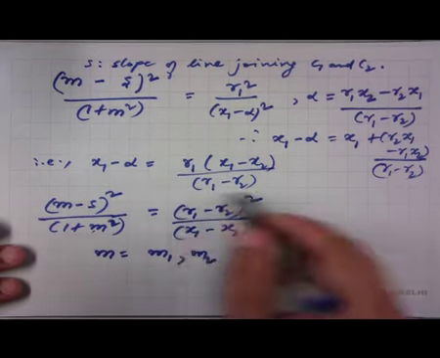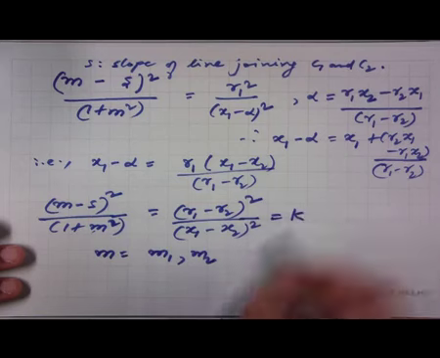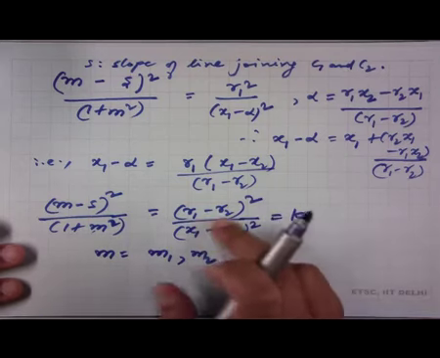Let us say that this right hand quantity we denote with k, because we already know r1 and r2, and we know x1, x2.